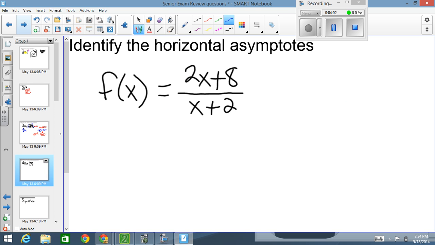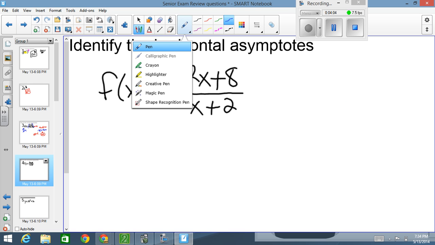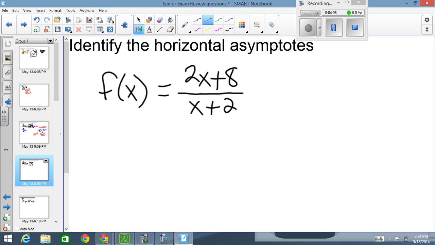Horizontal asymptotes. Now these are going to be a little easier because you can just look at what you're given to determine these. A couple different possibilities. Okay, we're looking at the lead exponent. Sorry about the squeakiness. So the lead exponent in the numerator is 1. The lead exponent in the denominator is 1.